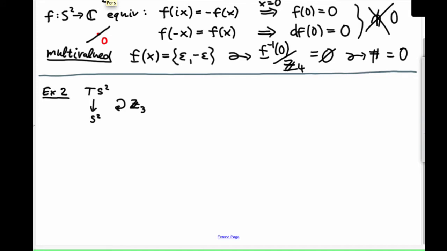I'm going to take the tangent bundle to my sphere, and I'm going to act on S2 by rotation with Z3, or group of order 3. And that induces a rotation on the tangent fibers.